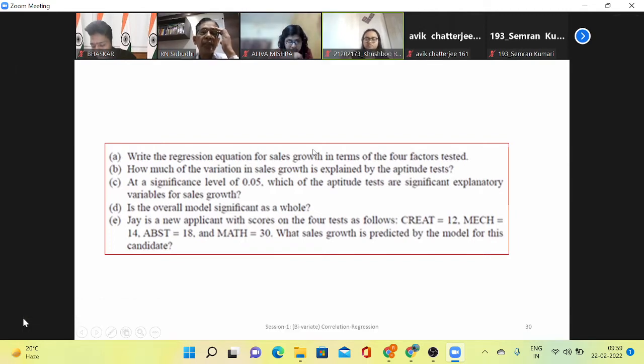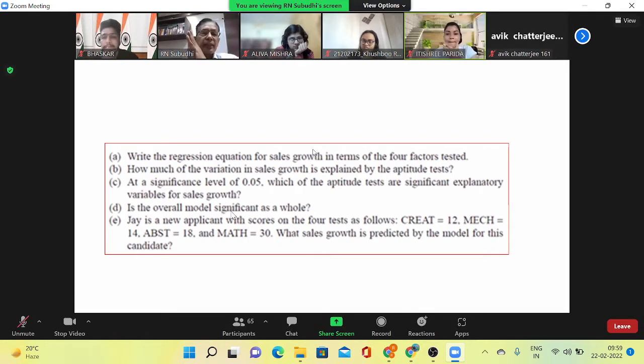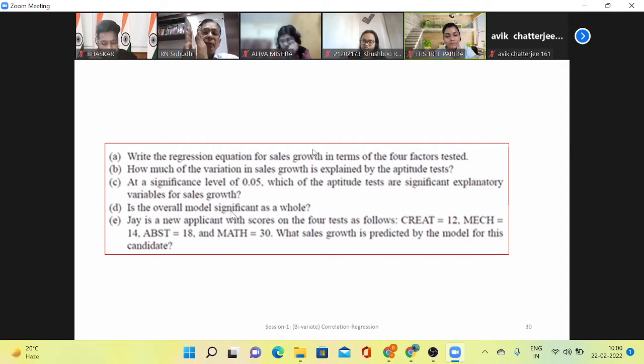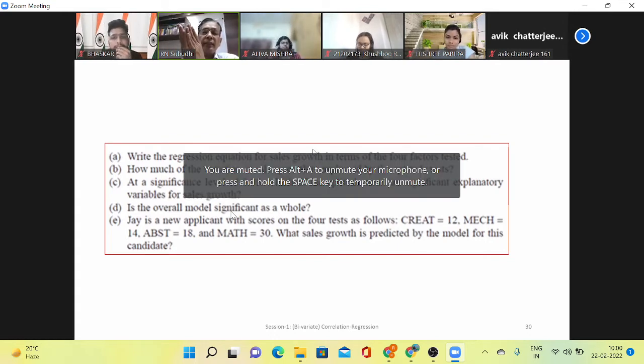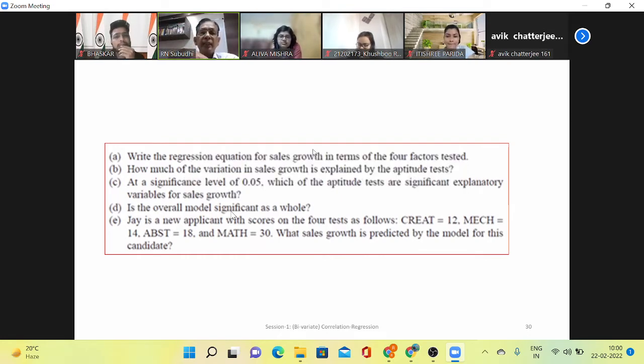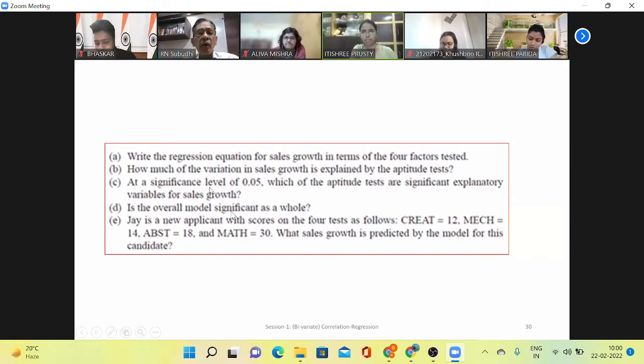I explained this in the last class: the coefficient of determination means how much total variation it explains. If you remember, I gave the father-side, son-side example, that the father contributes this much. If you understand the second bit, it is damn simple. It asks what is R square. The answer is 92.6.